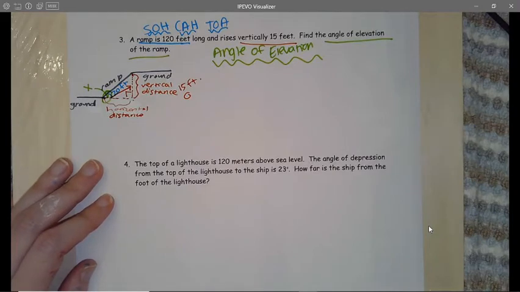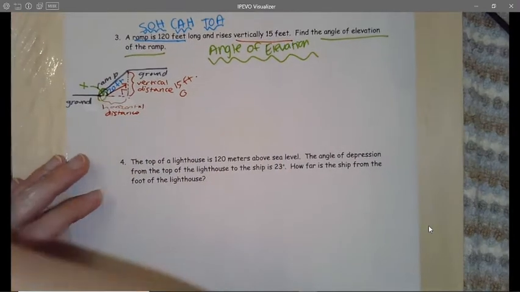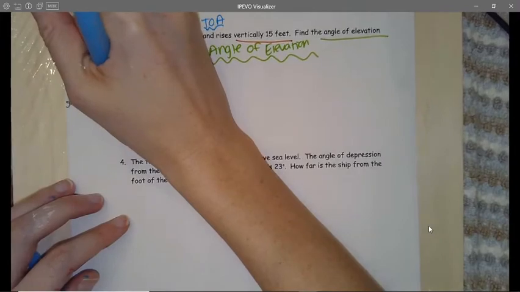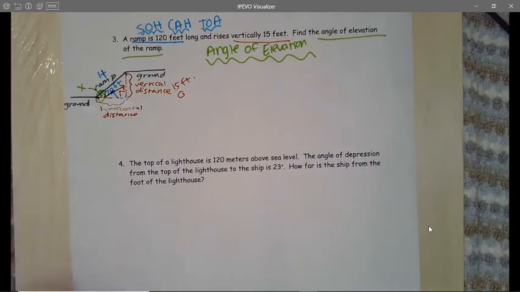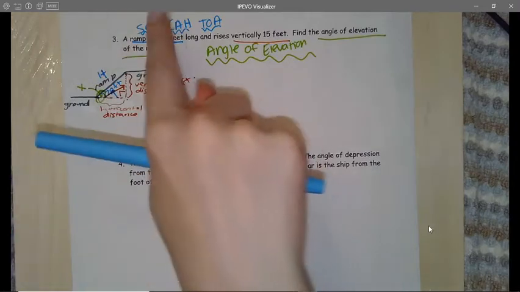So I have an opposite. And then this side, the side directly across from the right angle, is called the hypotenuse. So I have an opposite and a hypotenuse. So which trig function am I using? That would be sine.